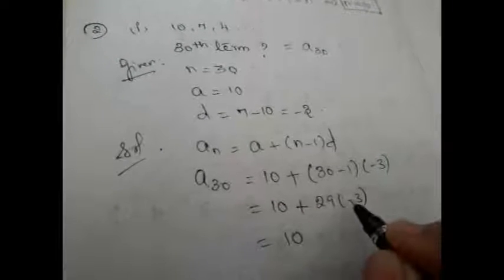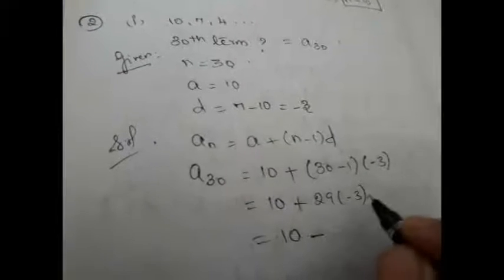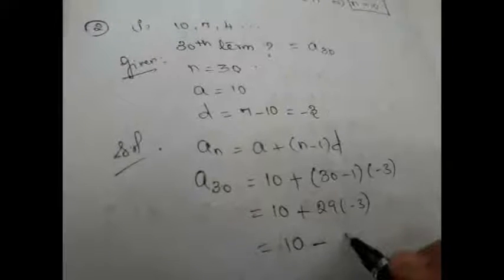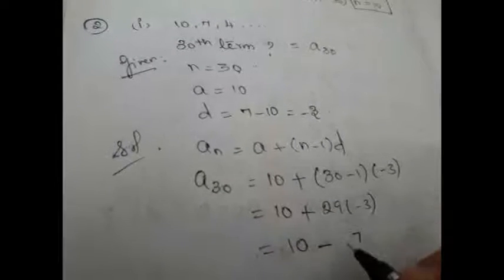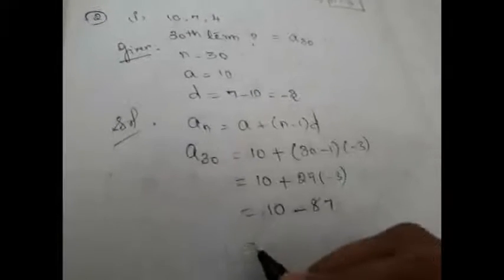So 10, minus into plus is minus, 29 into 3. 3 nines are 27, 3 twos are 6, 8. So it will become minus 77. So the 30th term of the given AP is minus 77, right?